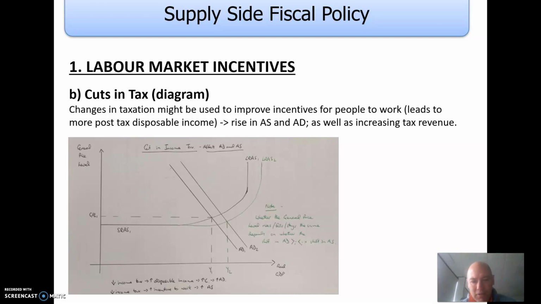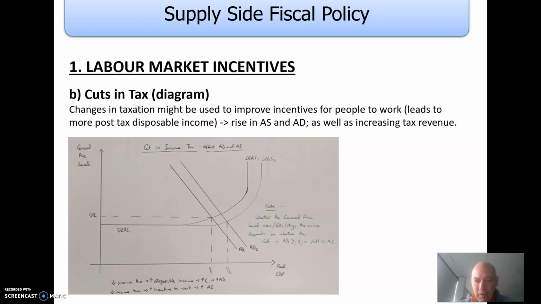Fall in income tax leads to a rise in disposable income, and as a result, a rise in consumption and aggregate demand. It also increases the incentive to work, which will lead to a rise in aggregate supply. Now, there's an evaluative note there on the right-hand side, which you guys need.